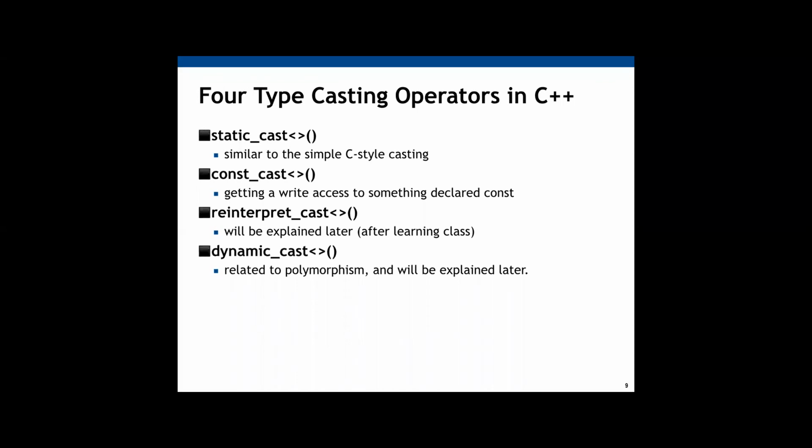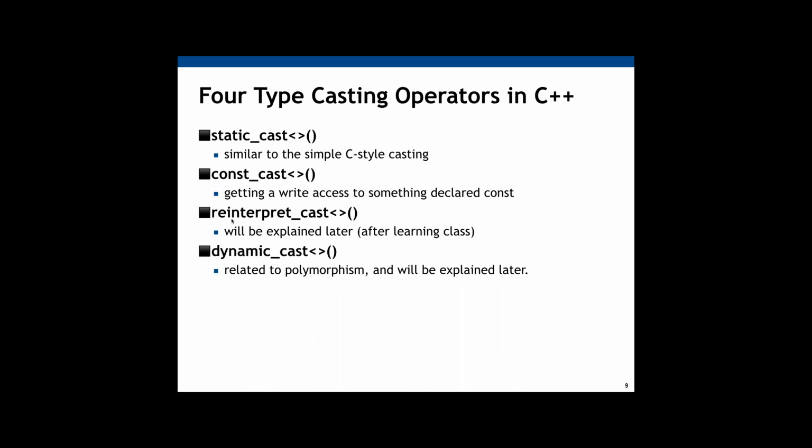Now let's talk about the third way of explicit typecasting. The third way is using a typecasting operator. And there are 4 types of casting operator: the static cast, constant cast, reinterpret cast, and dynamic cast. The dynamic cast relates to polymorphism, so we will study this in a later course.